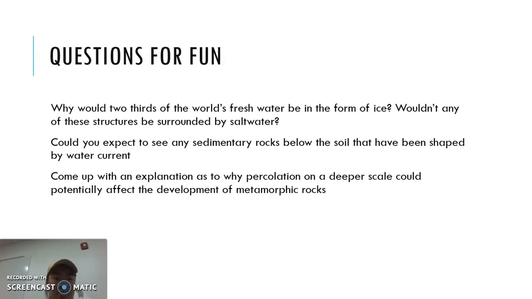Essentially, given that fresh water is only 3% of the world's water sample, why is so much fresh water in the form of ice particles, especially when all these glaciers and mountains and such, a lot of them, are formed in and around saltwater areas?